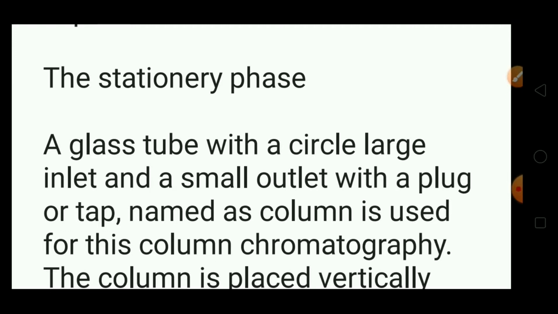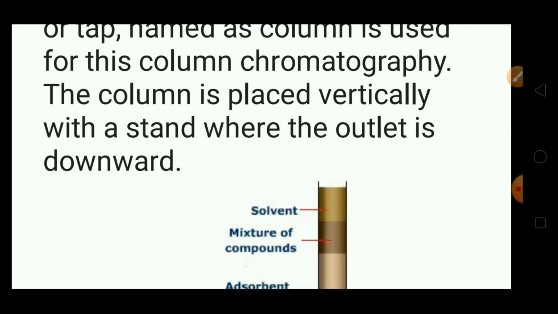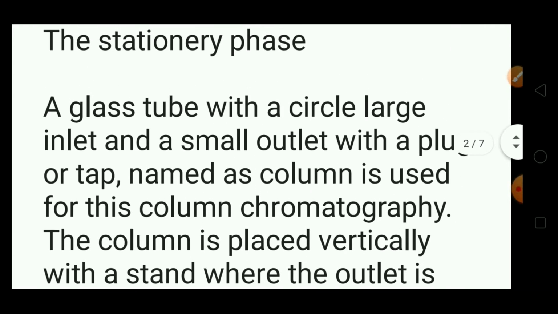A glass tube with a large circle inlet. You can see this part, and a small outlet with a plug or tap.